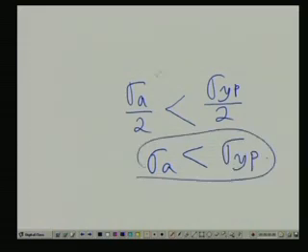Now, let us consider a more generalized situation, I think that will be much better.